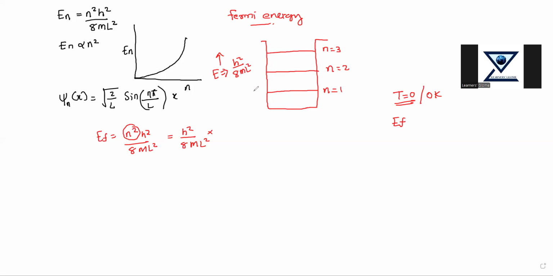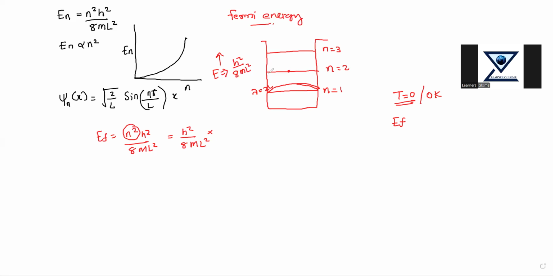And also, let's consider the wavelength. If we consider the electron as a wave, I'll consider this much length is equal to 2L, and these are the two boundary conditions. We can take lambda as 2L for n equal to 1.